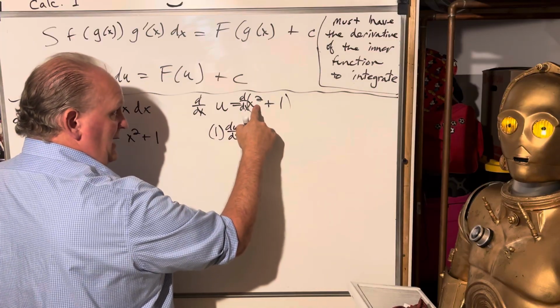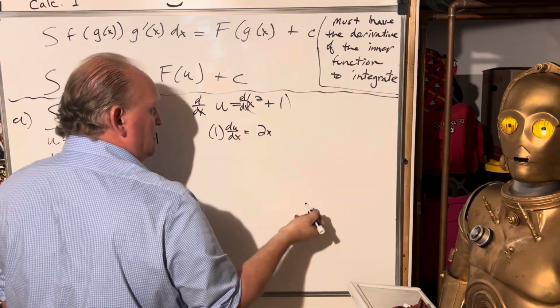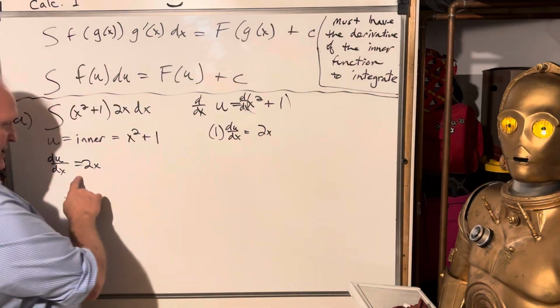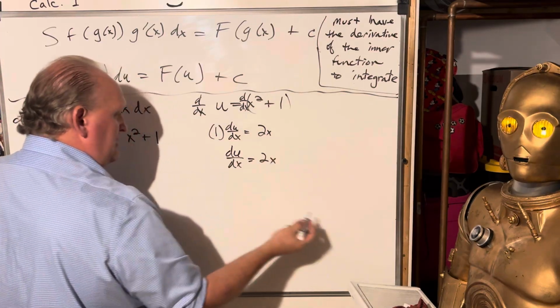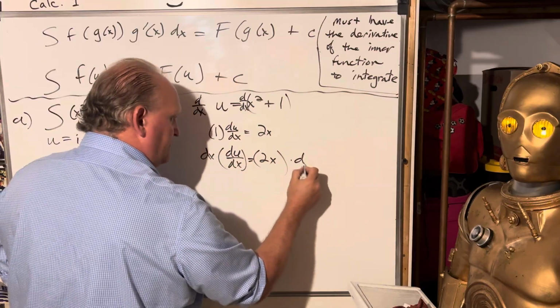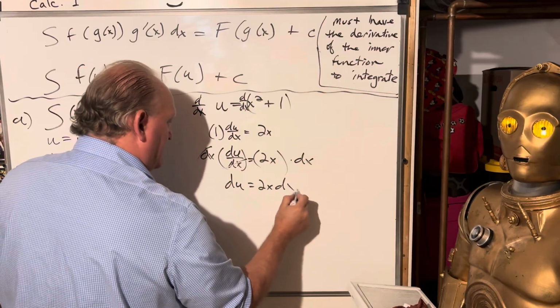This does match that, so I can do the derivative of that. It's 2x, and the derivative of that is 0, and I don't need anything there. So now that is how I ended up with du over dx equals 2x. Now I can multiply both sides by dx. So du is equal to 2x dx.